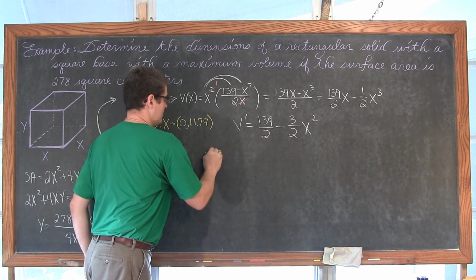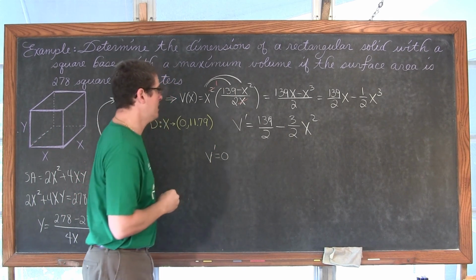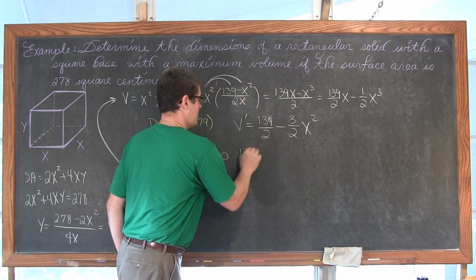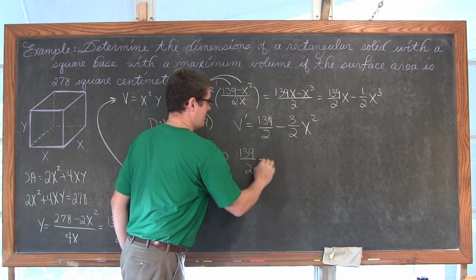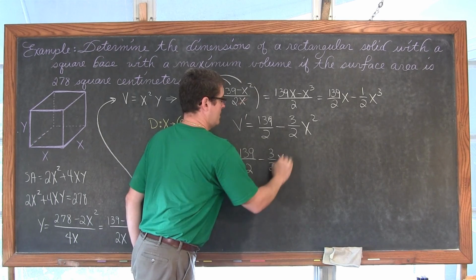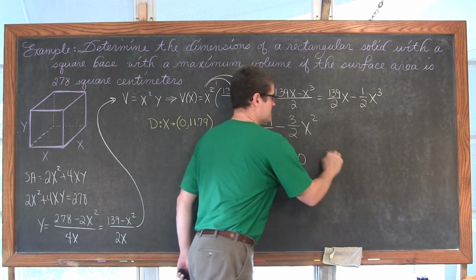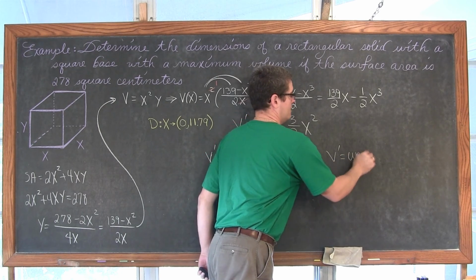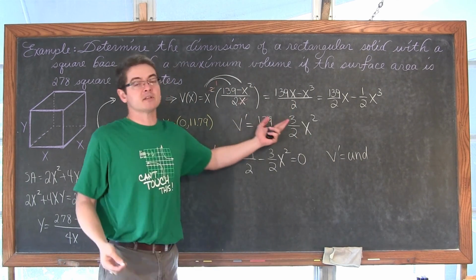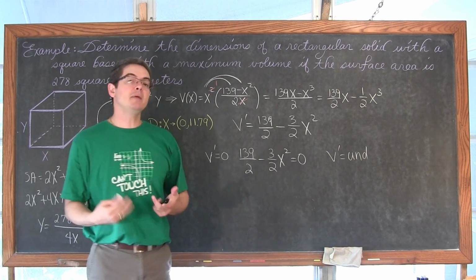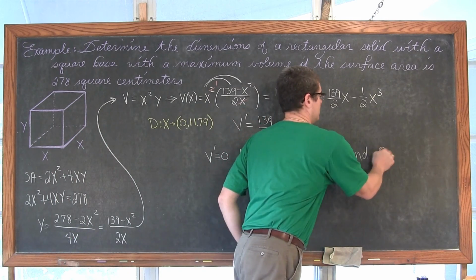So what's going to make the first derivative equal to 0? Well, that's going to be 139 over 2 minus 3 over 2 x squared equals 0. And then where is that first derivative going to be undefined? Well, our first derivative doesn't have any way of possibly being undefined, so this is going to have no solution.